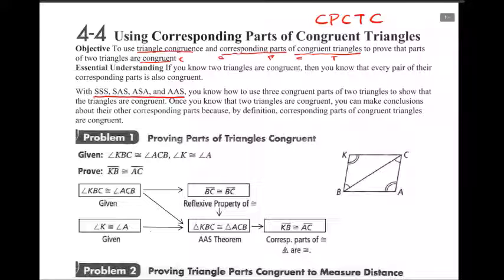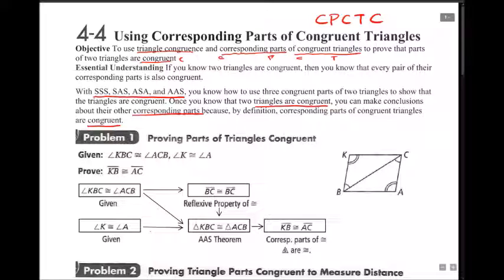And then, once you know that your triangles are congruent, we know that the corresponding parts are going to be congruent as well. That's 4.1. It says if we have congruent polygons, then all corresponding sides and all corresponding angles are congruent.